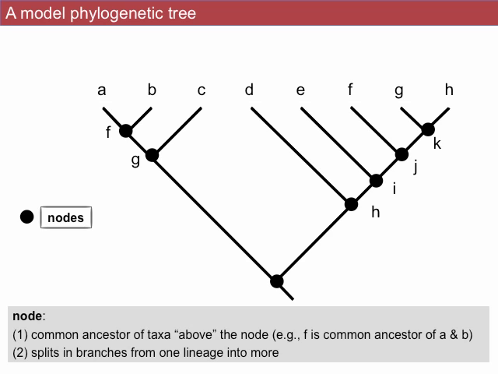I've mentioned this before, but we're going to go through it again. There are two ways of thinking about nodes. If we start in the past and wander our way along a tree, you have some ancestral lineage represented by a branch, and you get to a point where that lineage, say a population of humans or a population of bunny rabbits, splits into two distinct lineages, maybe because a mountain chain came up between them, or one population rafted to some other place.